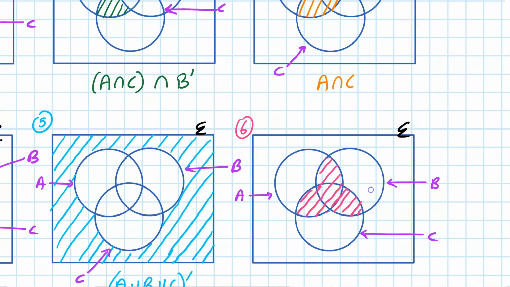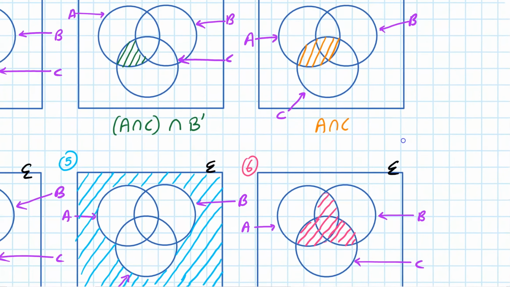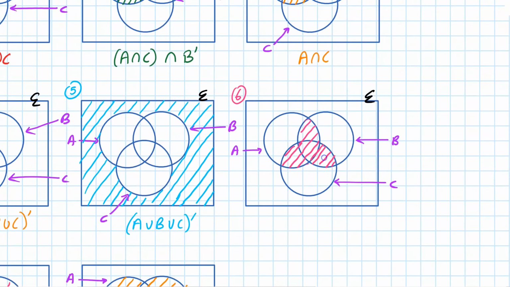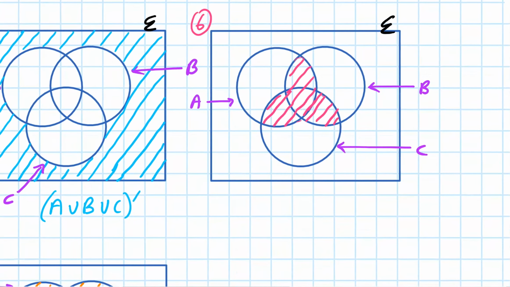As you've seen before, just the one above, number 3, that's A intersection C. Here you have A intersection C, and then also B intersection C, and also A intersection B. So simply what we are looking at is the union of all the intersections: A intersection B, B intersection C, C intersection A. So you can write down each of them individually.